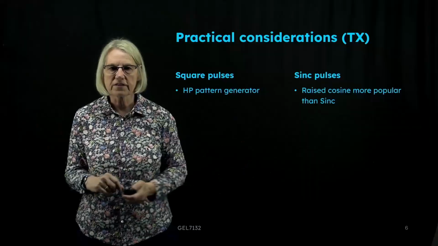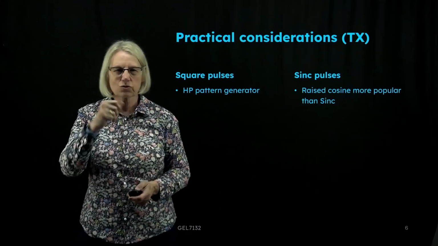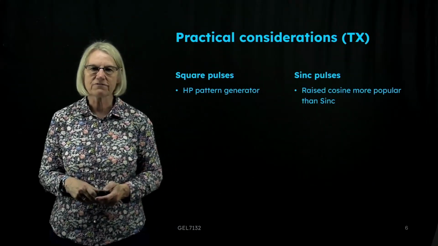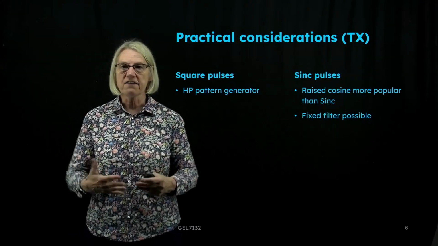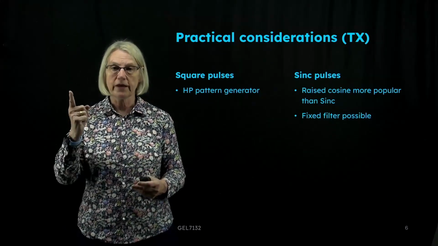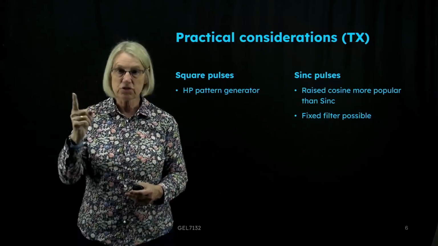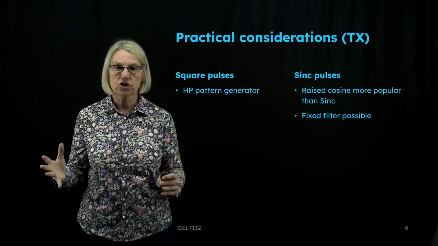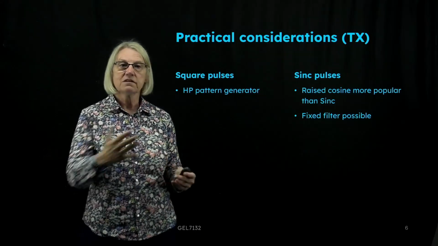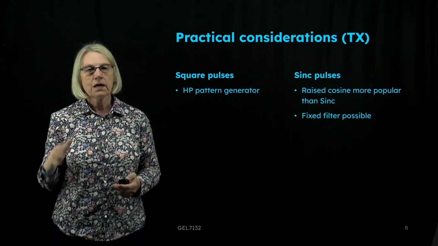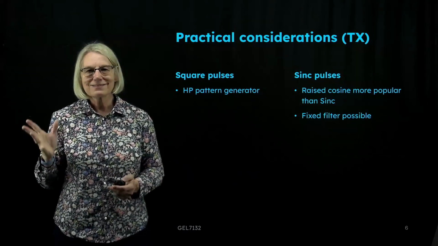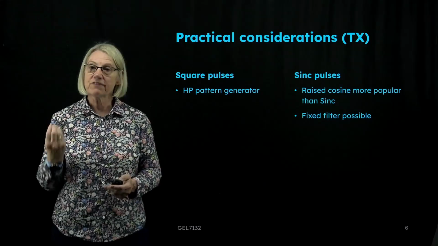They're even more popular than the sinc pulse because they let you fine-tune that spectral efficiency. It's possible to design a fixed filter. If you tell me the symbol interval, I can design a filter that will generate the raised cosine shape that I want or the sinc function that I want. That is great, but it's not very flexible.